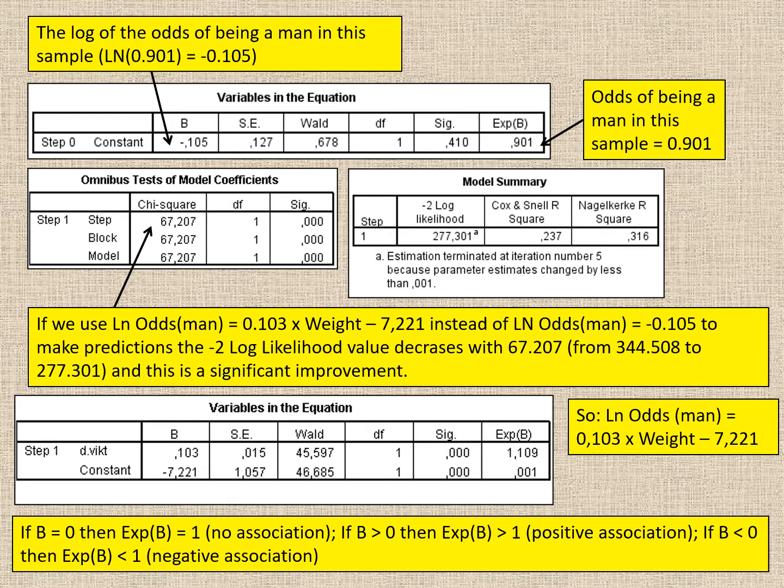So we could have a look here. We have the exponential value of the intercept, that is 0.9. So what this null model does, it predicts that the odds of being a man is 0.9 for everyone. It's the same for everyone in the dataset.